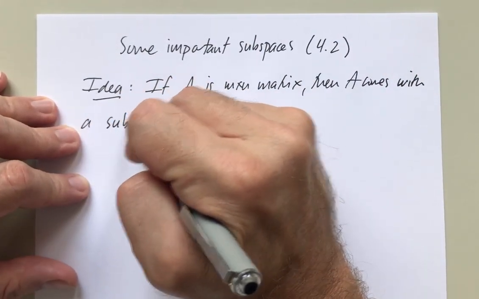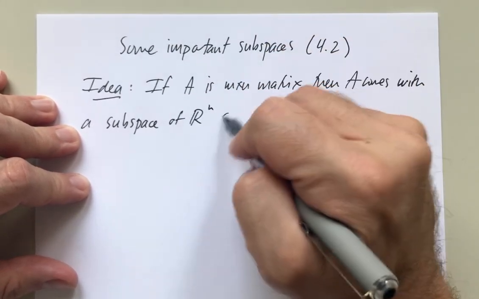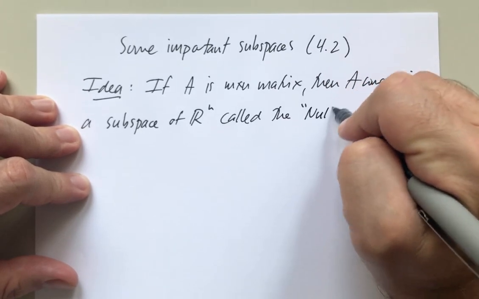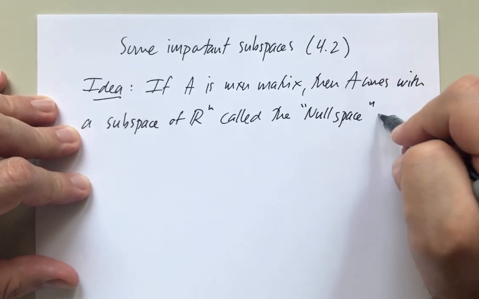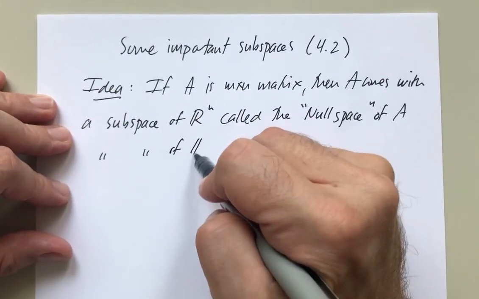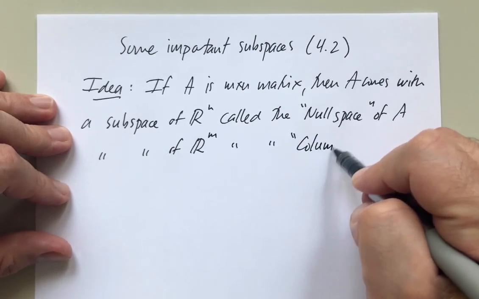First, a subspace of Rn called the null space of A. And then it's also going to come with a subspace of Rm called the column space of A.